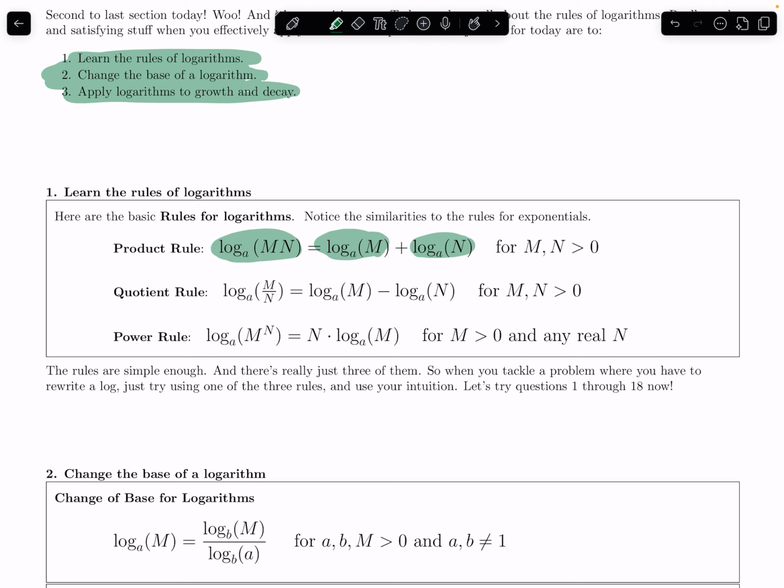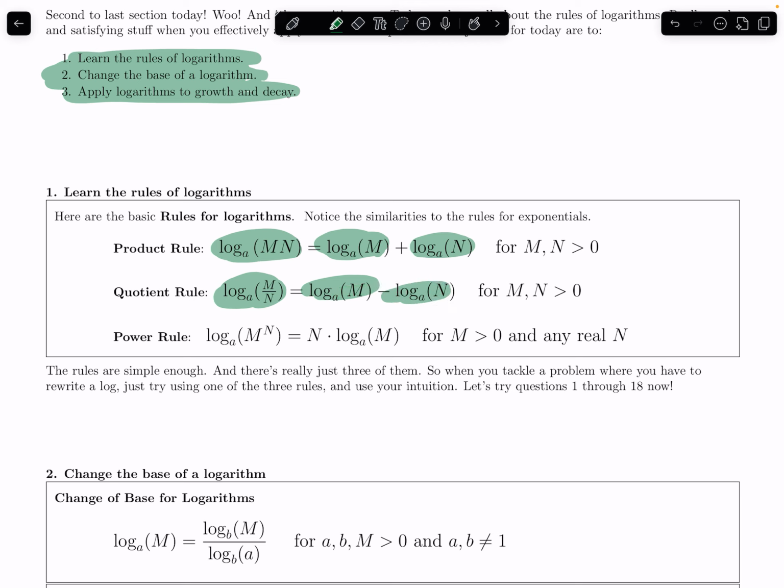When you multiply two things with the same base, you just add their exponents. So similar idea there. Quotient rule, same thing in the backwards direction, right? If you take m divided by n, the log of that is the log of m minus the log of n. So we go from multiplication to addition, and we go from division to subtraction.